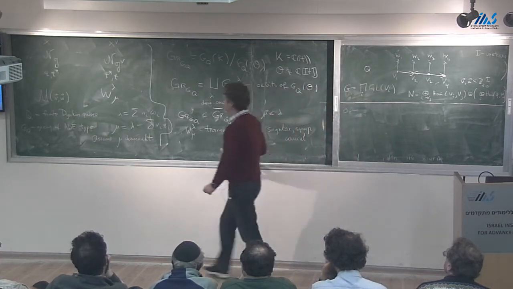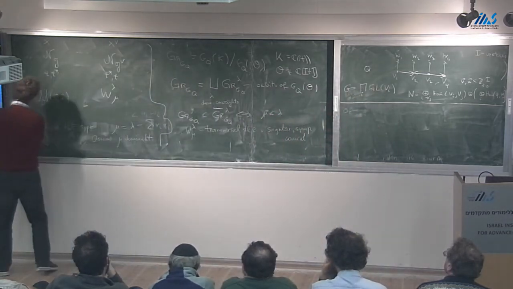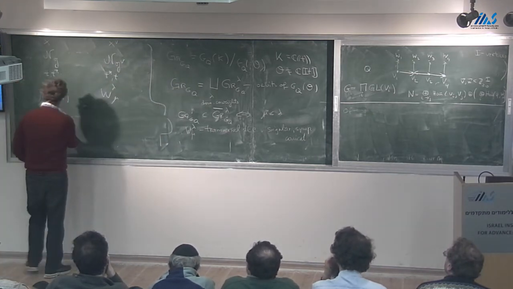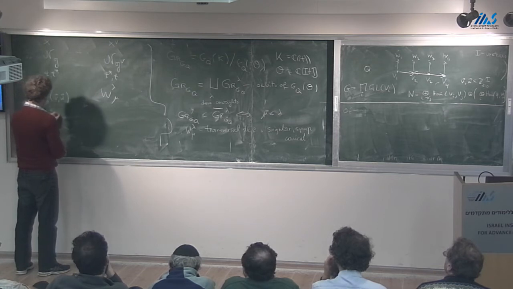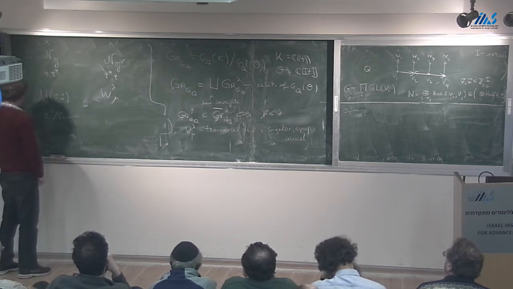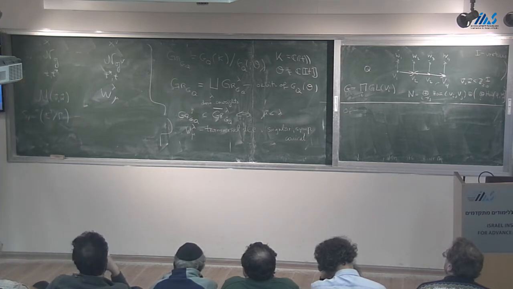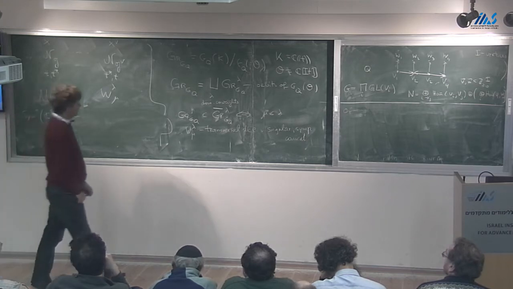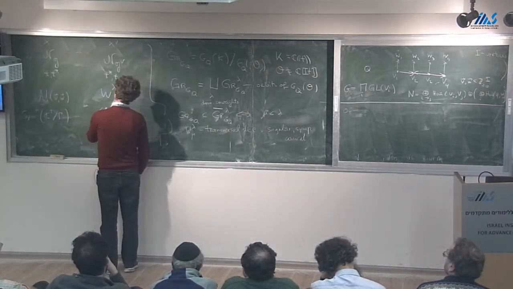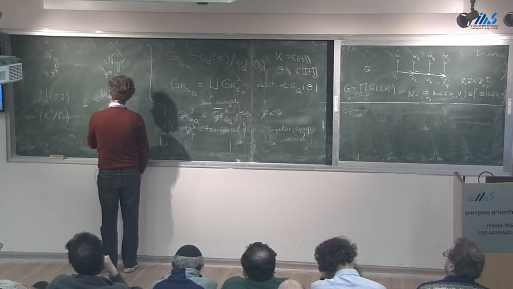And well, there are many other things you can do. So, for instance, you can consider here C^2 mod gamma, where gamma is some finite subgroup of SL2. And to make the story more interesting, you can consider the symmetric power of this surface. This is also some kind of conical singular symplectic variety. And so what kind of things should you put here? Well, let me not explain too much about it. Let me just write it here.